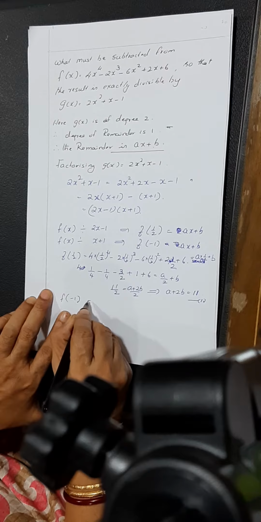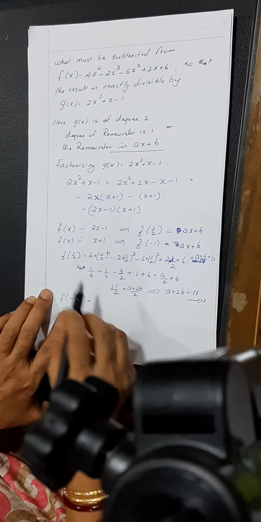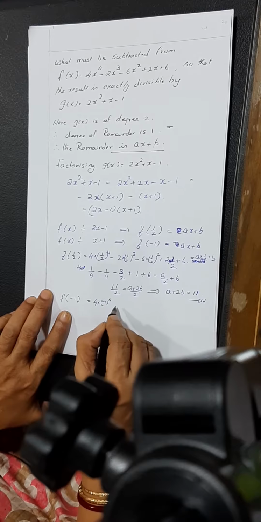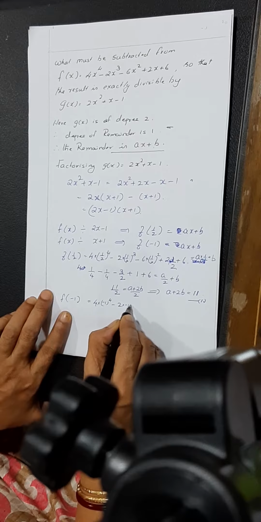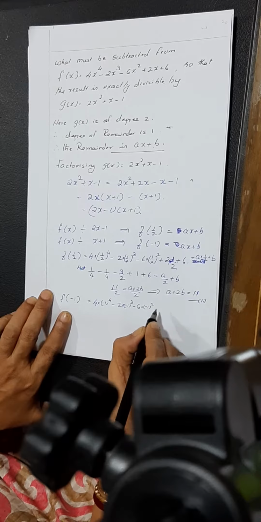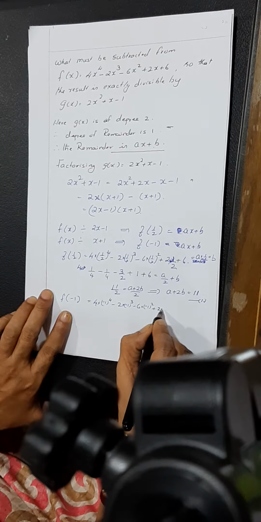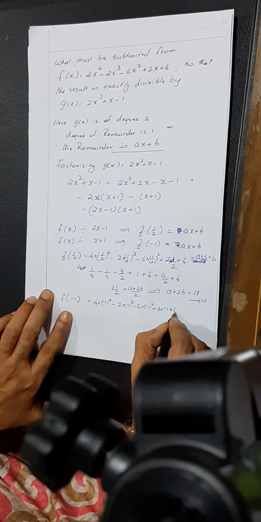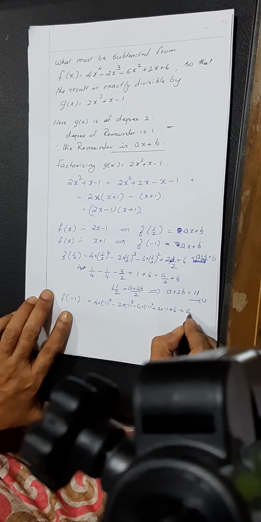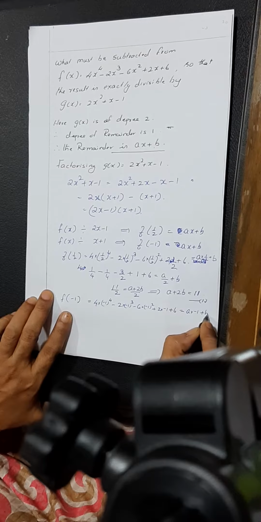Substituting, 4 into minus 1 to the power of 4 minus 2 into minus 1 cubed minus 6 into minus 1 whole squared plus 2 into minus 1 plus 6 is equal to again ax plus b, so a into minus 1 plus b.